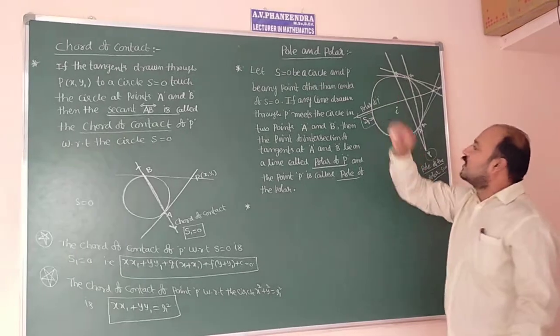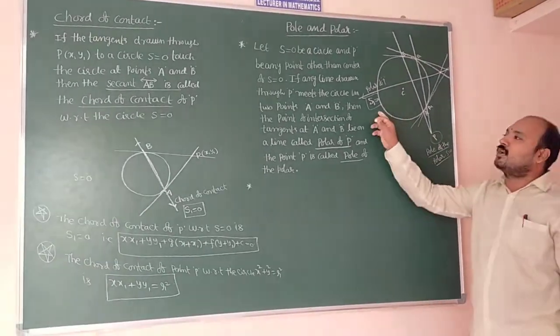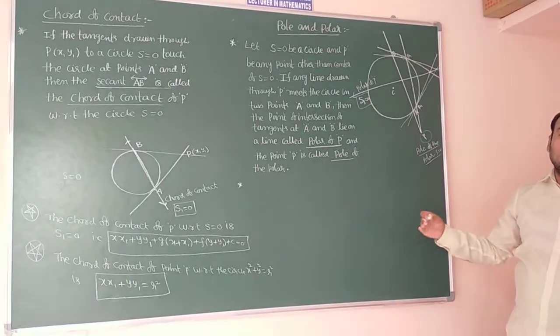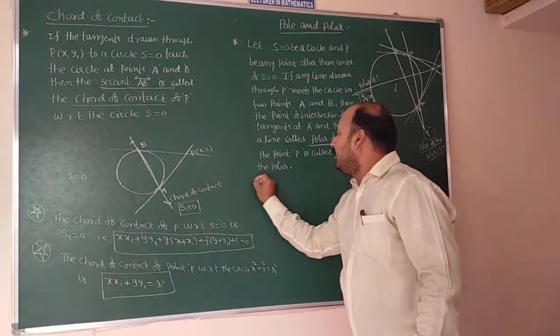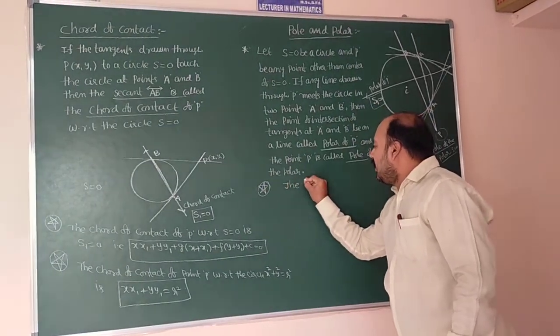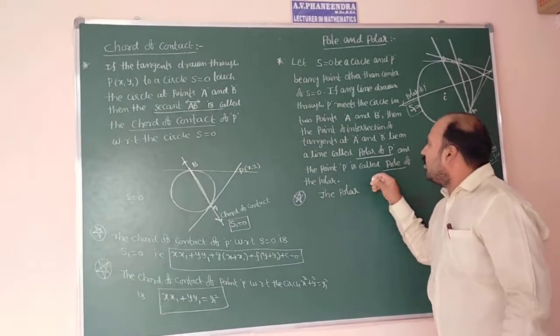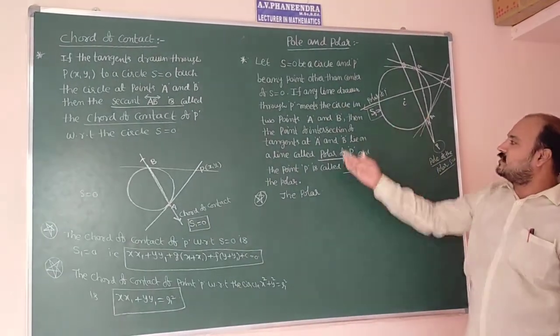You know what S1 equal to 0 is. The proof is not important, you just have to remember it, it is a very important concept in intermediate maths. So now I am going to write the formula for the polar equation. What I explained in this diagram I have given here as a definition.